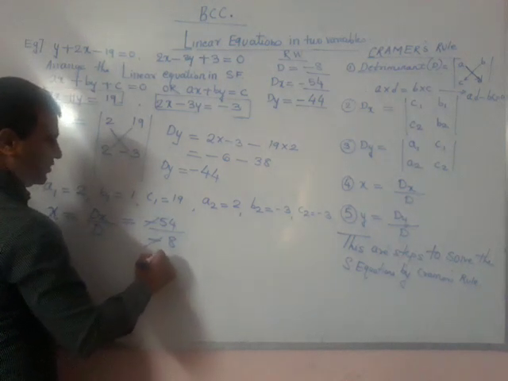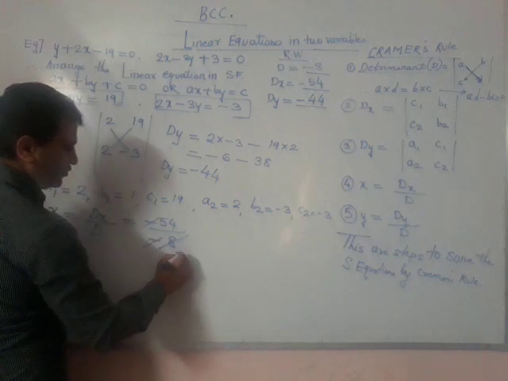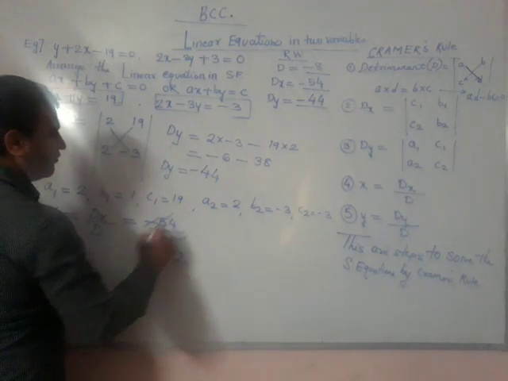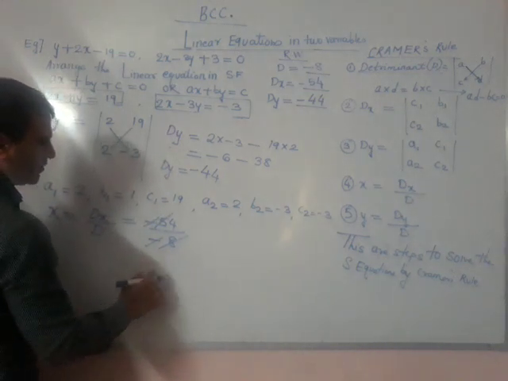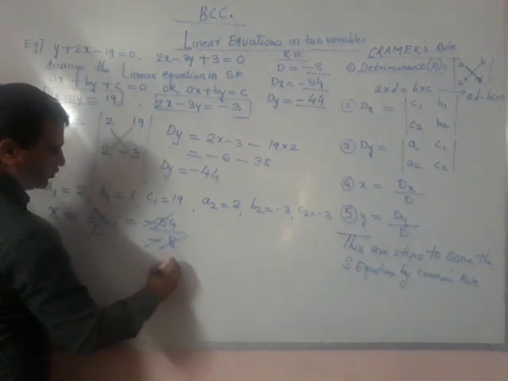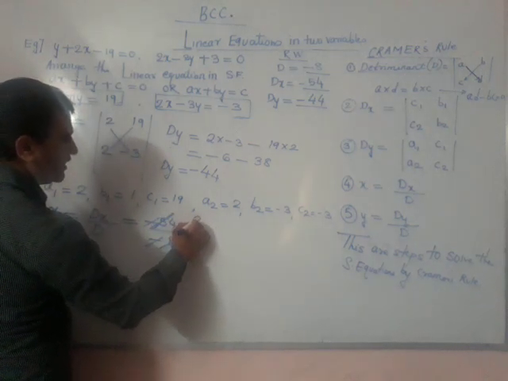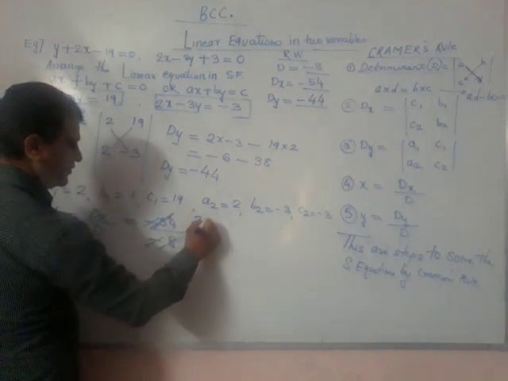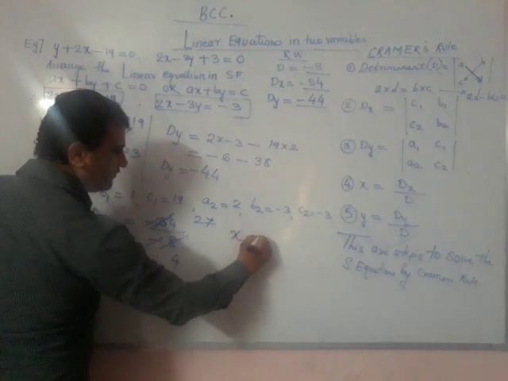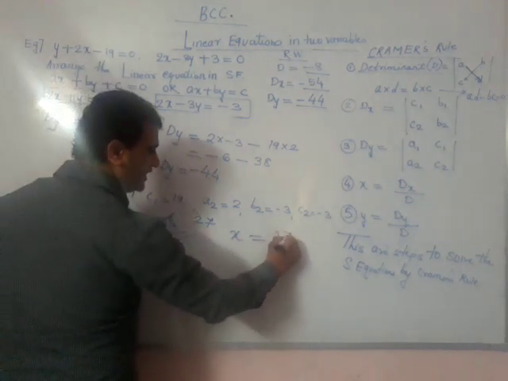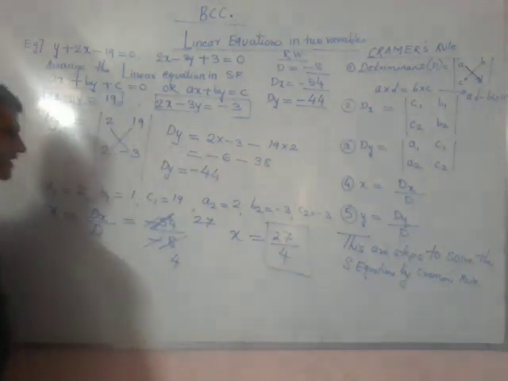Let us cancel it. 4 2s are 8. अरे ये तो नहीं जा रहा है, तो 2 से सॉल्व करना पड़ेगा. 2 4s are 8. 2 2s are 4, 2 7s are 14. So your value of x is equals to 27 upon 4. This is the final value of x.